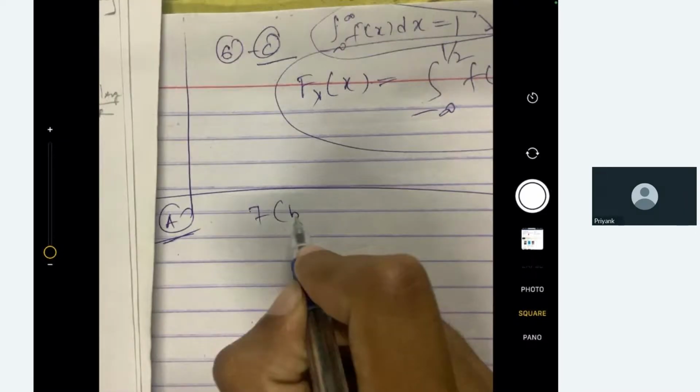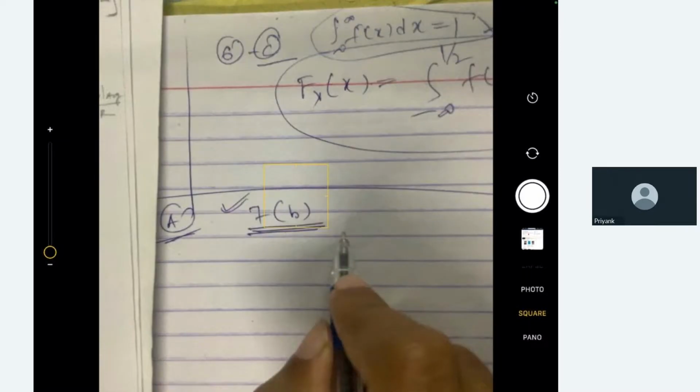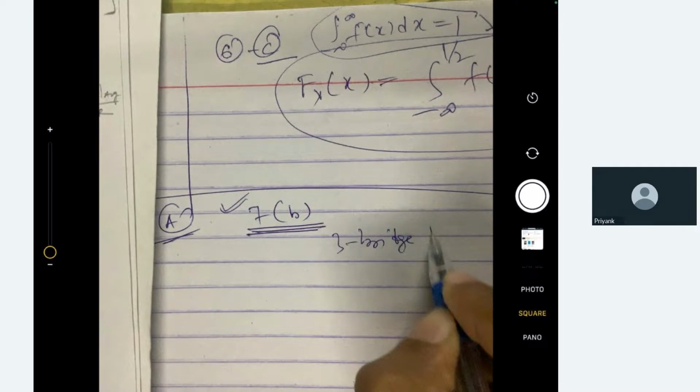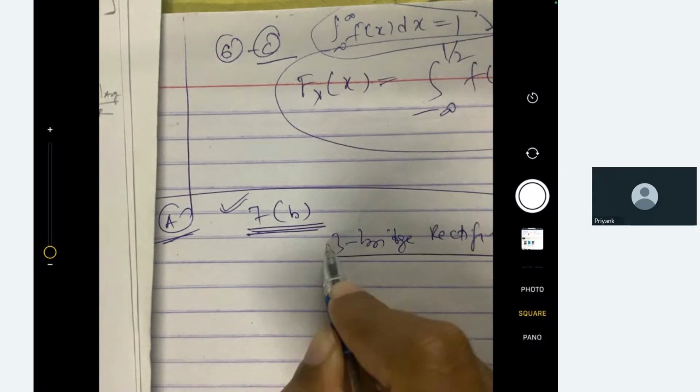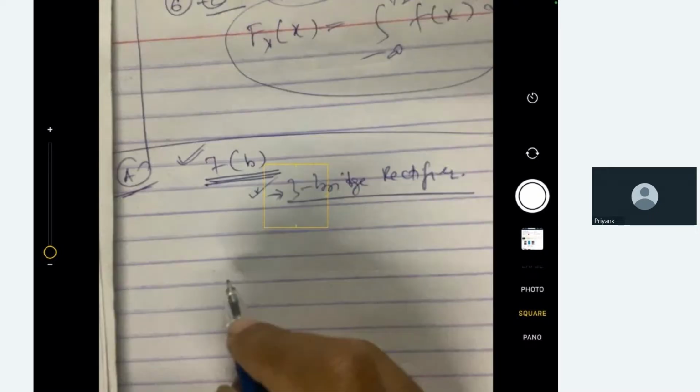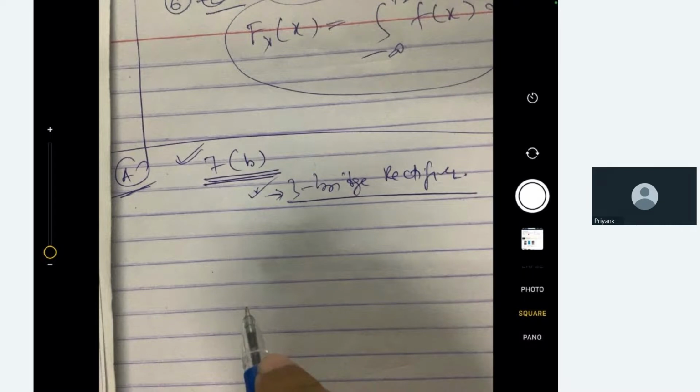Okay, so for the three-phase bridge rectifier, I'm just writing the formula. Here we require not only the average voltage but also the RMS voltage. You cannot remember the formula of RMS voltage; it is actually required to be found out in the actual exam.